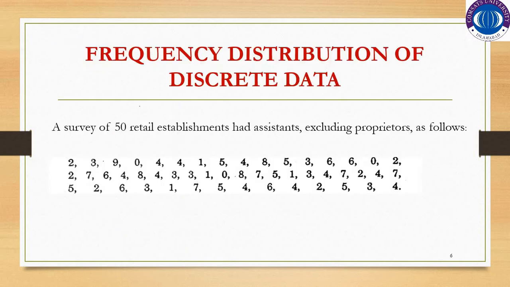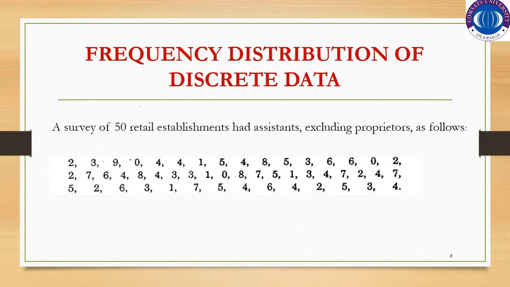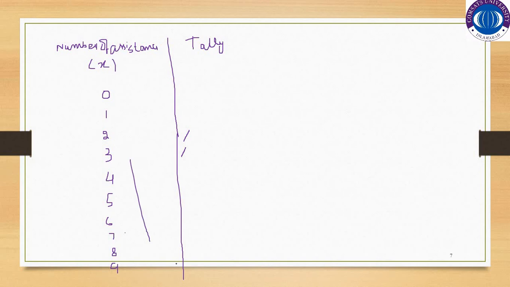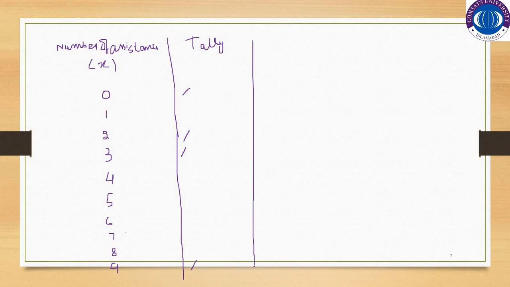Next one is 3, so we will mark a tally against 3. Now next one is 9, here we will mark it. Next one is 0. We will continue in this way, and in the end we will mark the frequency, which is the number of establishments.